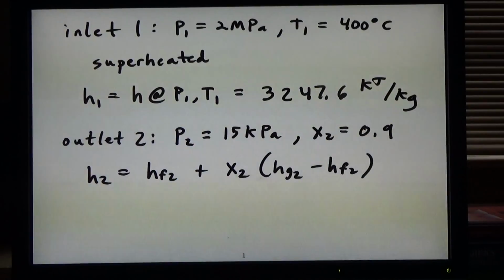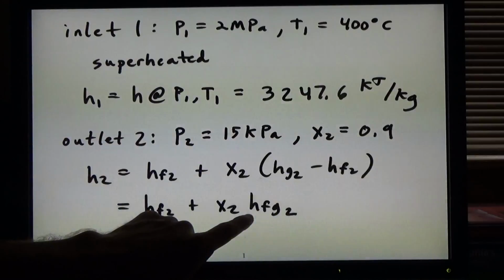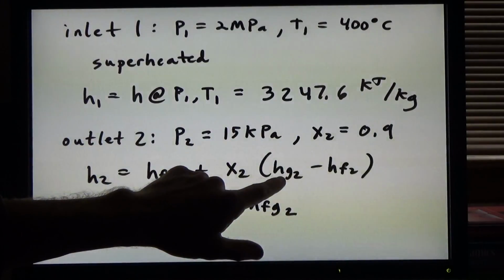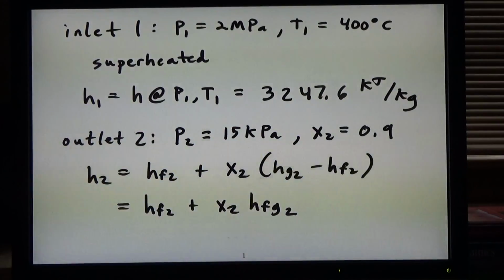Or, if you want to use a little bit of a shortcut with enthalpy, we're also given the vaporization value. So we could write this as Hf2 plus X2 times Hfg2, where Hfg is the same thing as Hg minus Hf, but Hfg is given its own column in the saturated water tables.